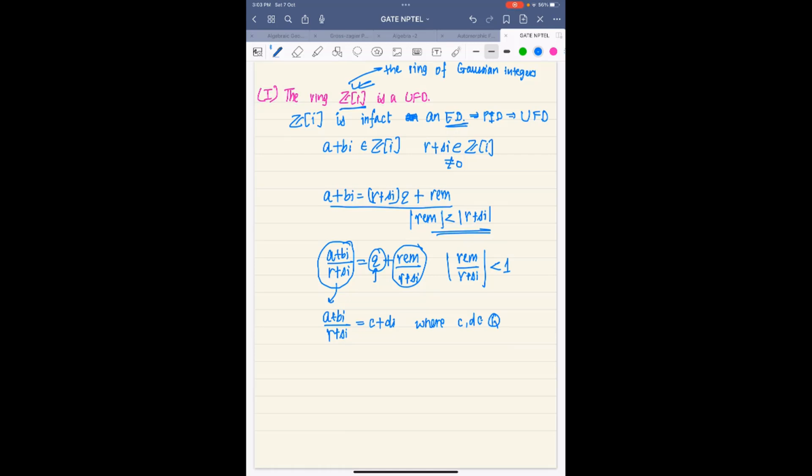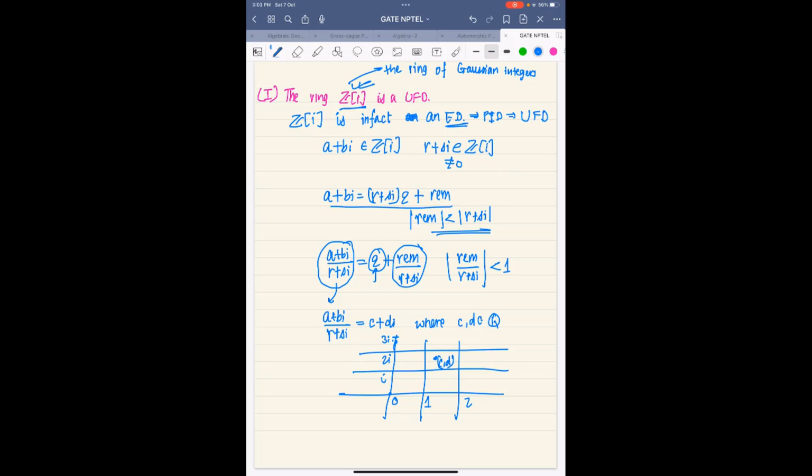Now we have this lattice of Gaussian integers in Z[i]. This is 0, this is 1, this is 2, and this is the imaginary axis i, 2i, 3i. C, D are rational numbers, so this point may not lie on the lattice, but it will lie inside some unit square.